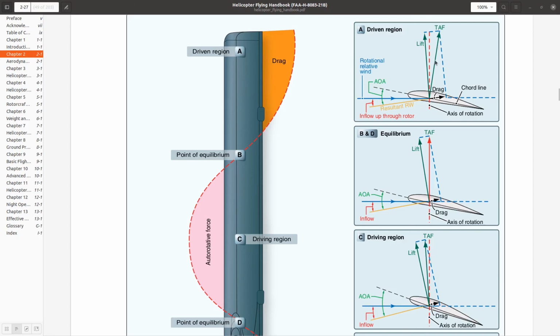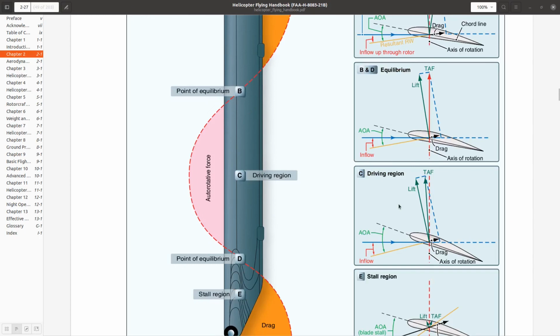What are the forces? We have the aerodynamic force that is tilted backward. So it's producing some drag. And then we have lift that opposes the weight. Then we have this equilibrium point where everything is going to even out.